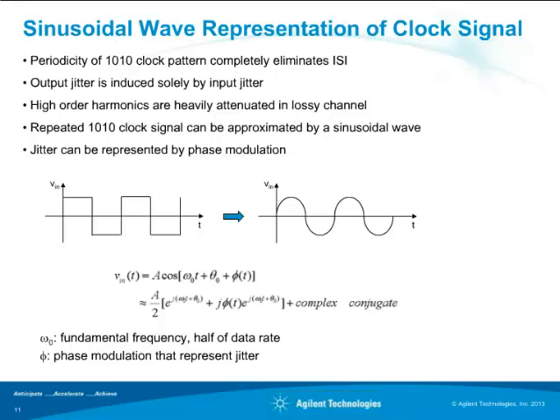Therefore, the clock signal can be approximated by a sinusoidal wave, and the jitter in the signal can be represented by the phase modulation in the sine wave, as we can see in this figure and formula. Here, omega 0 is the fundamental frequency of the clock signal, or half of the clock data rate, and phi is the phase modulation that represents jitter.